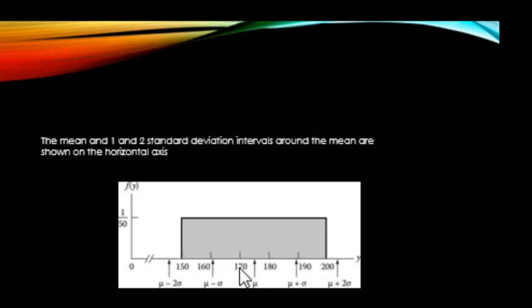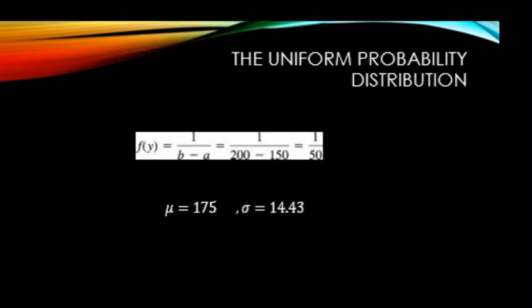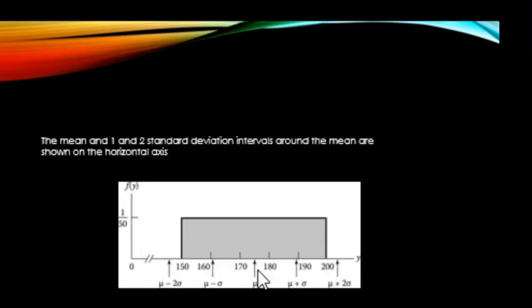We calculated the mean to be 175, and sigma is 14.43. So 175 is the mean. This is the one standard deviation interval, mu minus sigma and mu plus sigma, and this is the two standard deviation interval, which is actually outside these values.